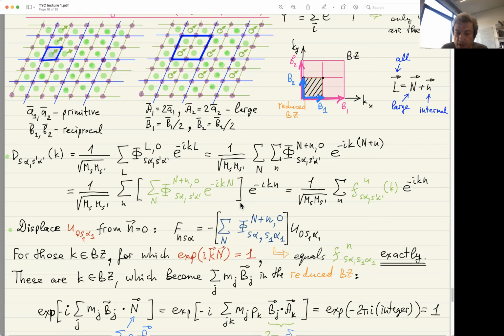And if you compare now this expression with this expression, you see that we would be able to get what we want if this exponential term would be equal to 1.